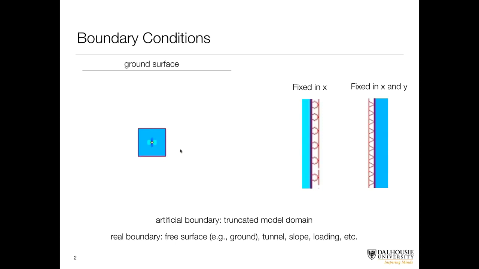And the way we account for the continuous nature of the earth with this isolated model domain is by applying suitable boundary conditions to the sides of the model that simulate this larger extent in reality.